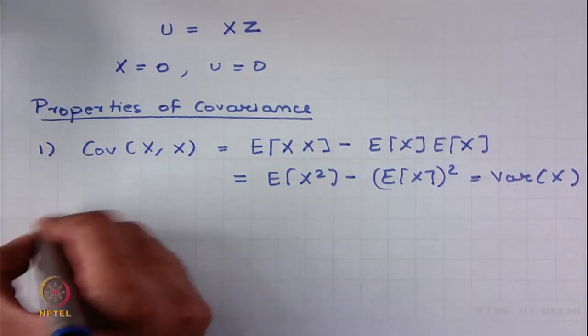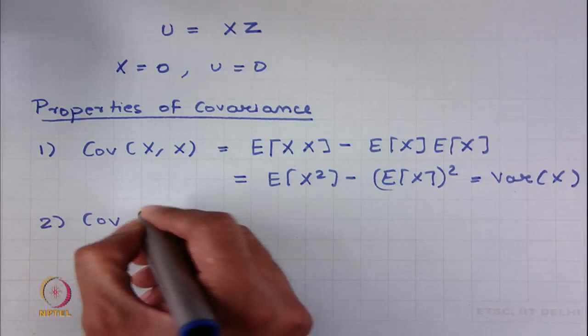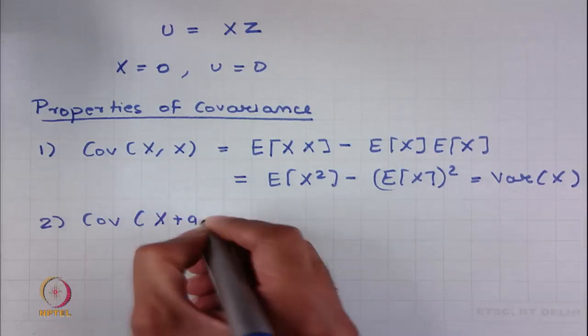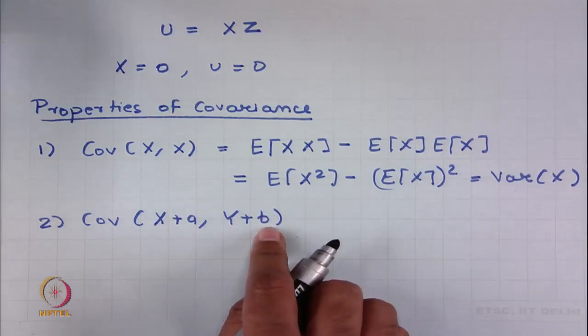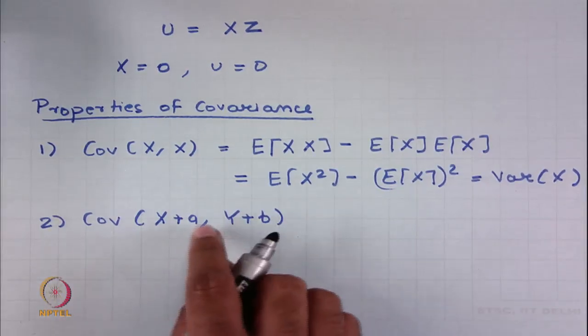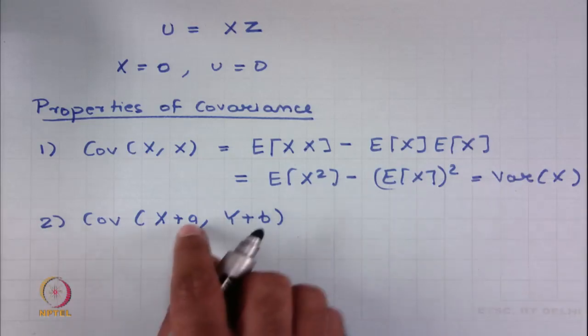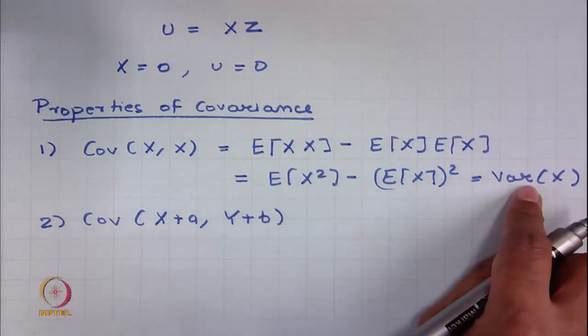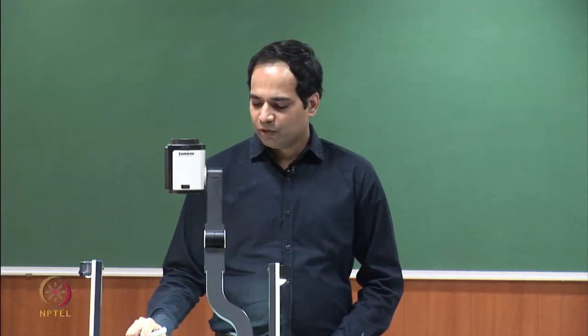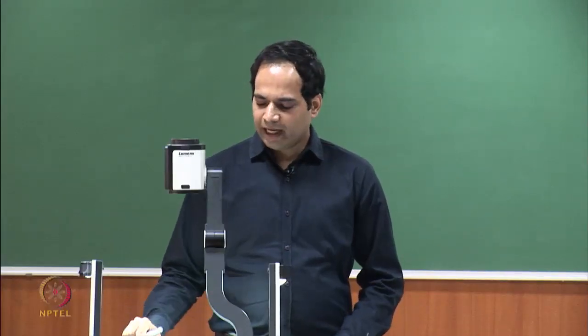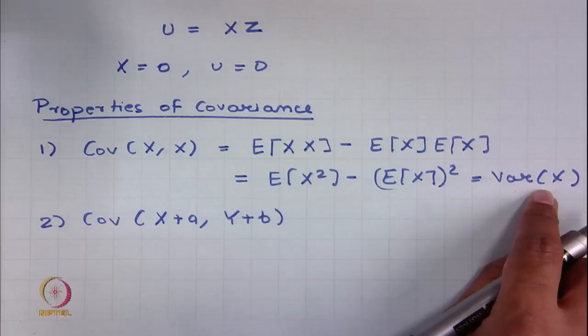Let us see what happens if I take covariance of x plus a and y plus b, where a and b are some constants. As we have seen in the case of the variance, let us revise. In variance we were interested in the square of the distance from the mean. We had certain numerical values, we calculate the distance of those values from the mean, we take the square of the distance and then we find the expected value.